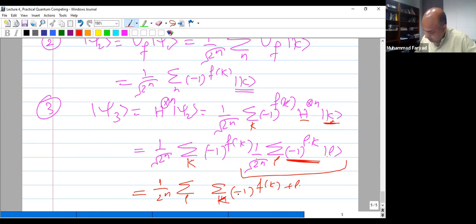So this sum is taken inside: (-1)^(f(k)+l·k) times |l>.